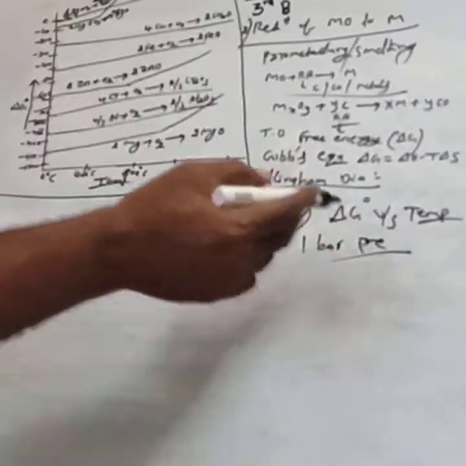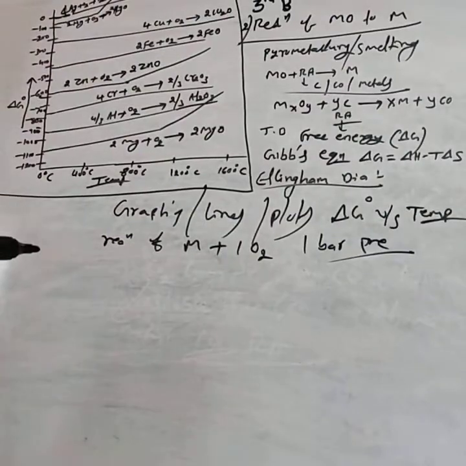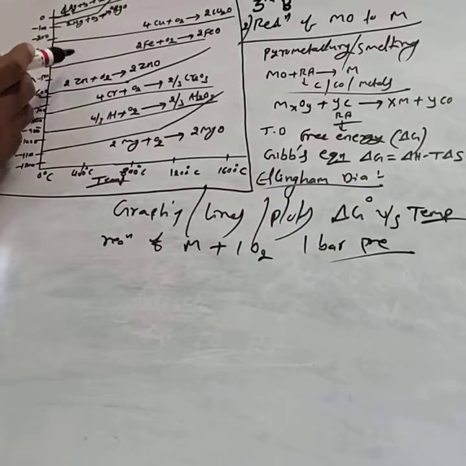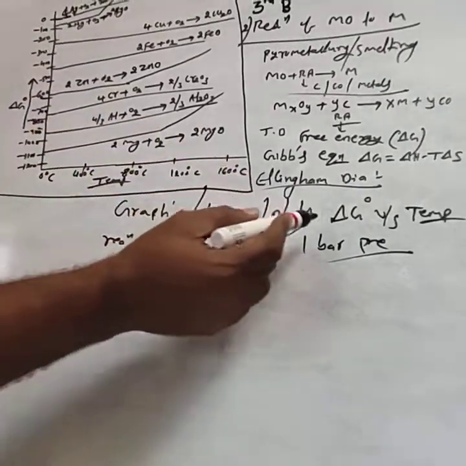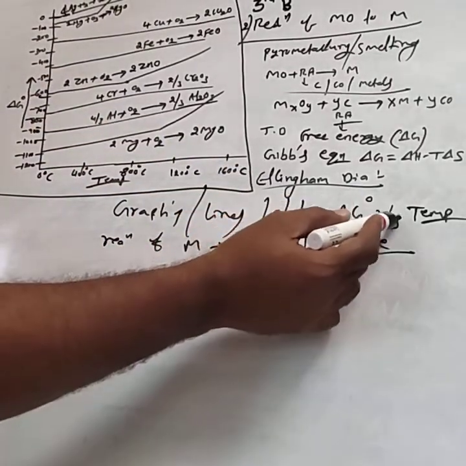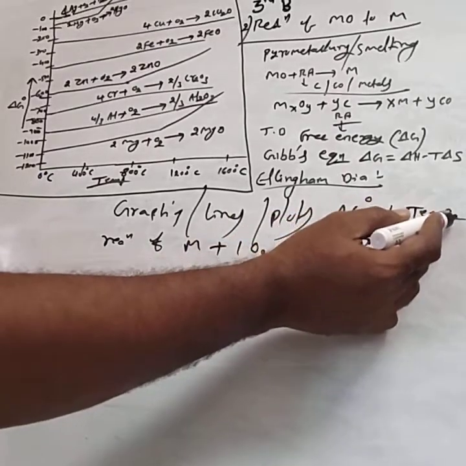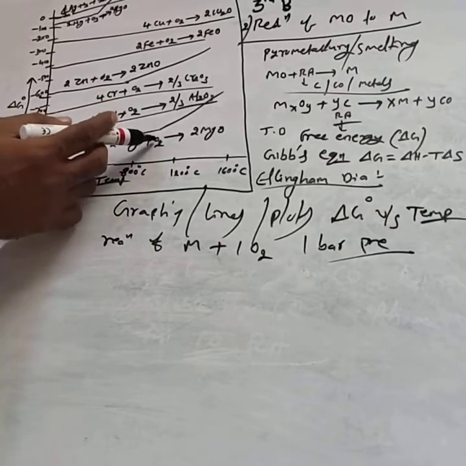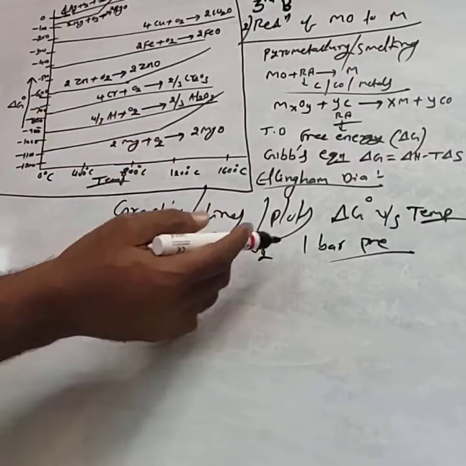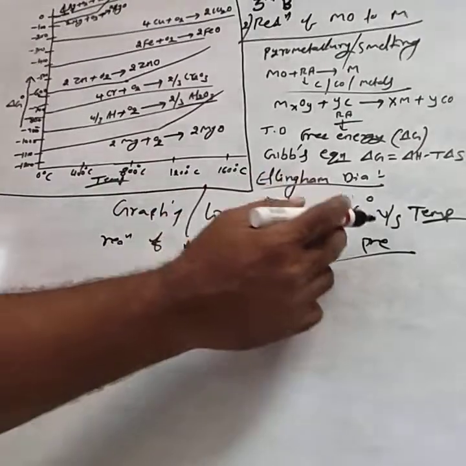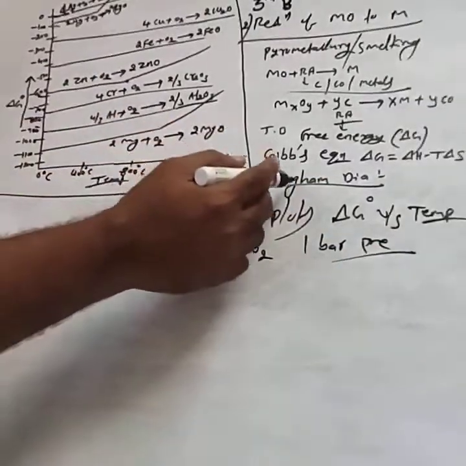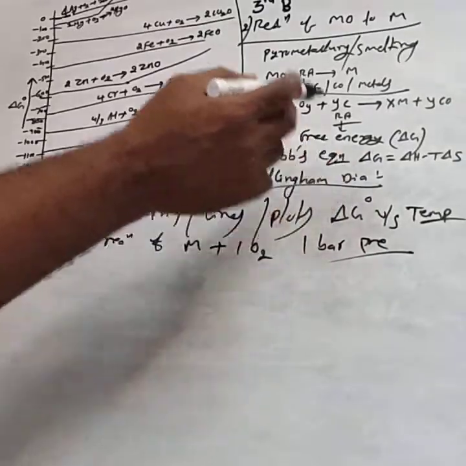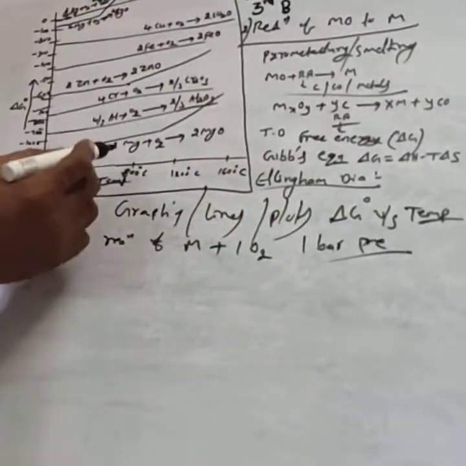Those graphs are called an Ellingham diagram. By using this Ellingham diagram, we can select the reducing agent.